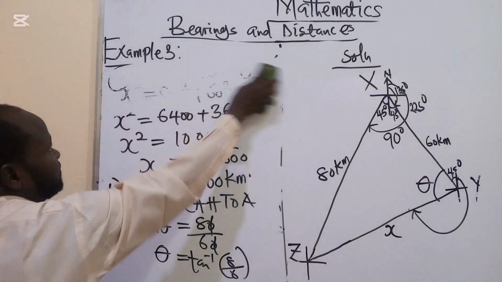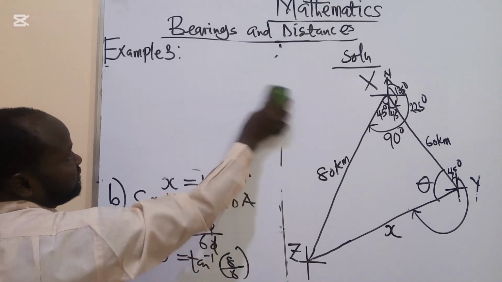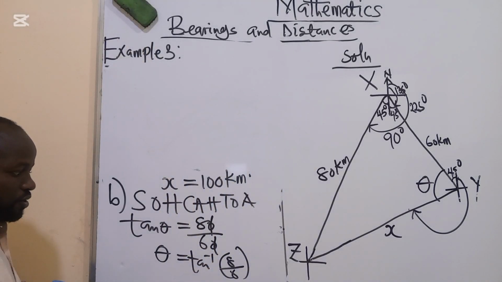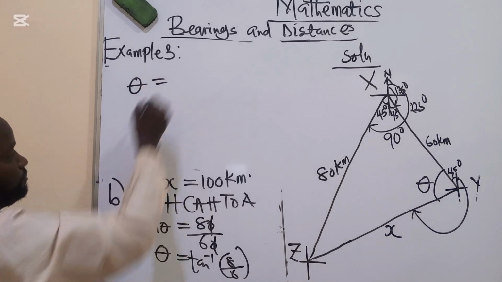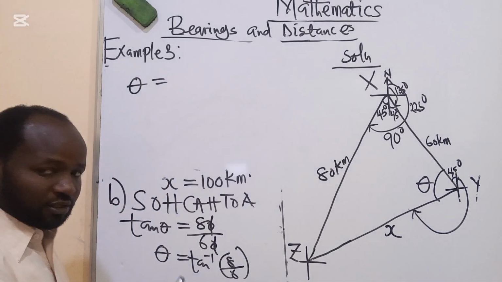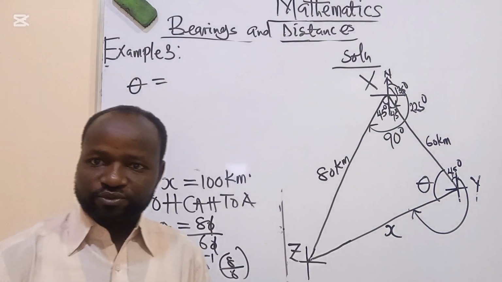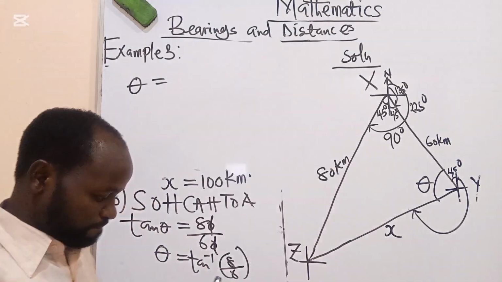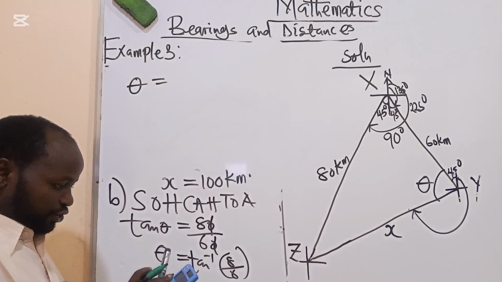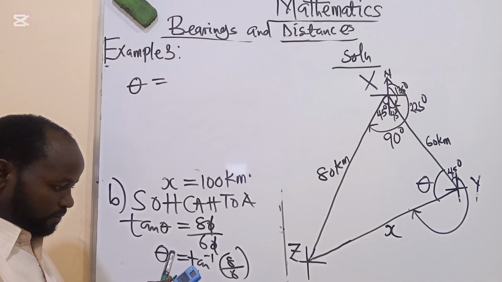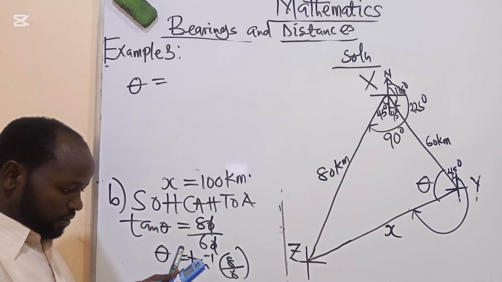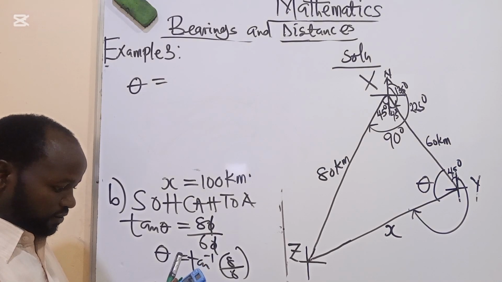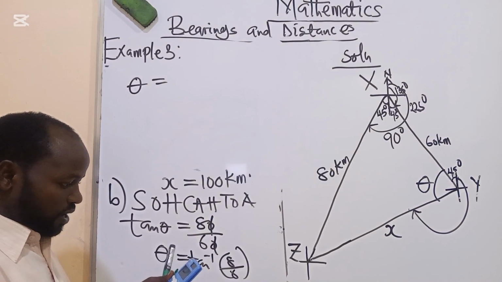Let me remove this A since we are through so that we can have space up. I don't want to touch the drawing. Okay. So theta now will be, let's use our calculator. Ensure that your calculator is in degree, please. We'll press shift, then tan inverse of 8 divided by 6.